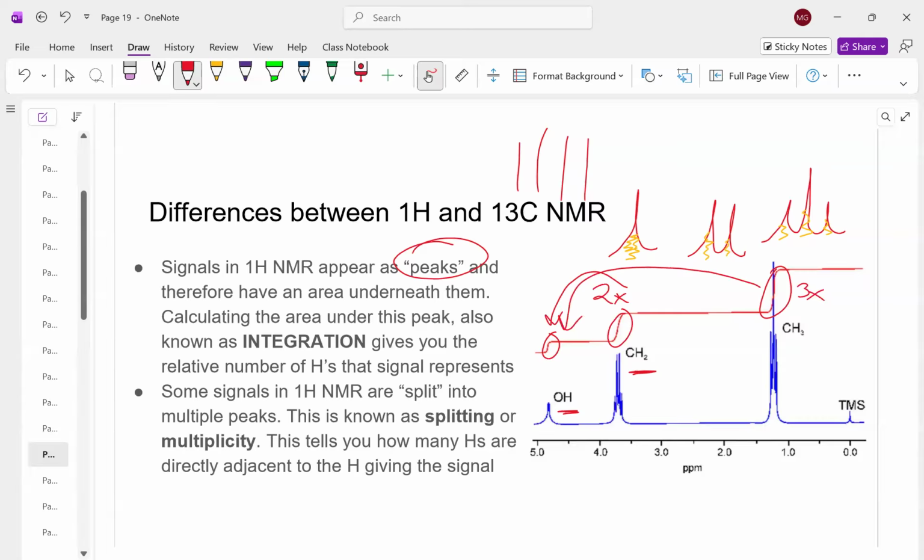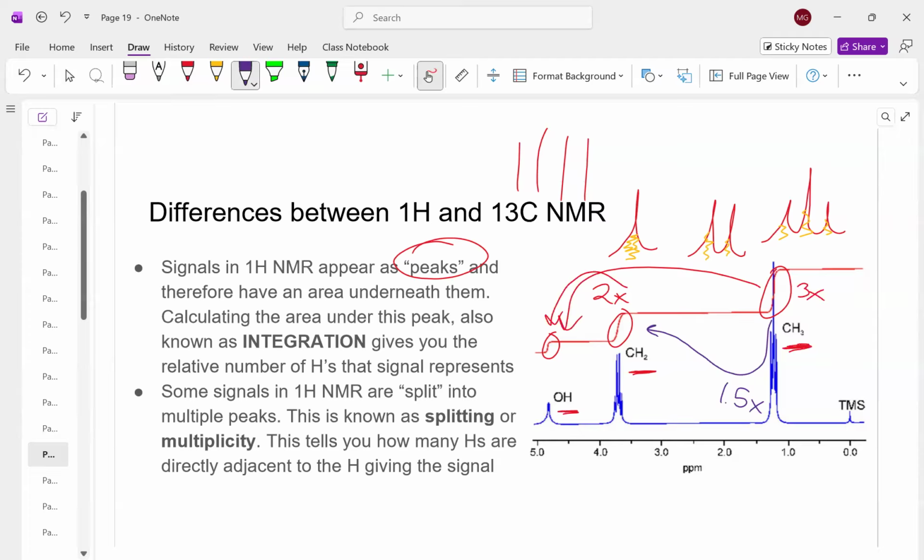And so that's why this represents 3 times as many hydrogens. Or we could say, in contrast, this peak is about 1.5 times the height. And so that's how we can get to that ratio of 2 hydrogens to 3 hydrogens.